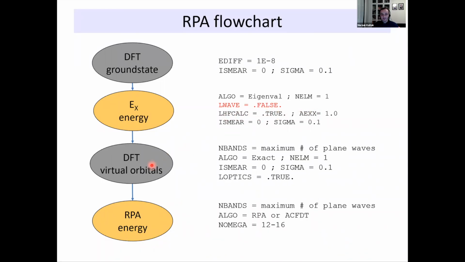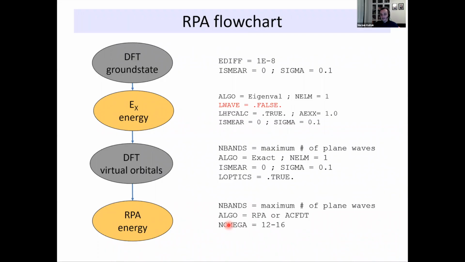Then in the next step, you increase the virtual orbital space by using a large number for NBANDS, very similar to the GW approach. And you end up with a WAVECAR and a WAVEDER if you select LOPTICS. That is a preparatory step for the actual RPA calculation, which is done in the last step by selecting ALGO = RPA.